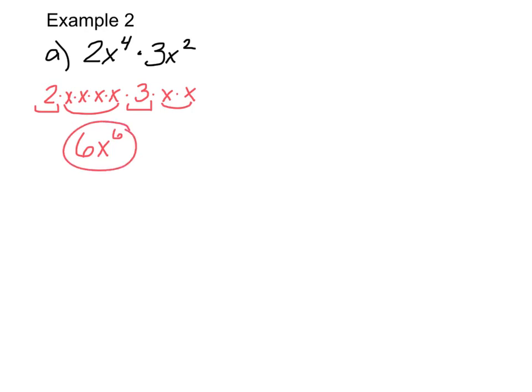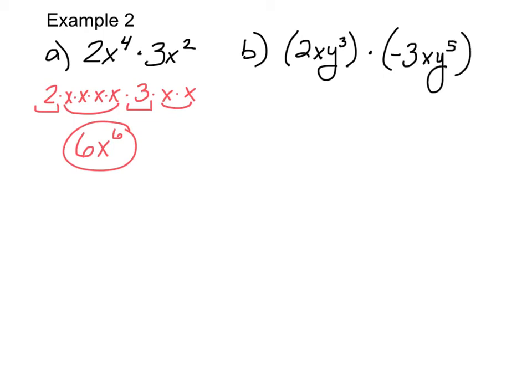Now to get there, all you do is take 2 times 3, put 6. You have the same base of an x. Therefore, 4 plus 2 is 6. B. 2xy to the 3rd times negative 3xy to the 5th. The first thing we're going to do is multiply every number, the coefficients.